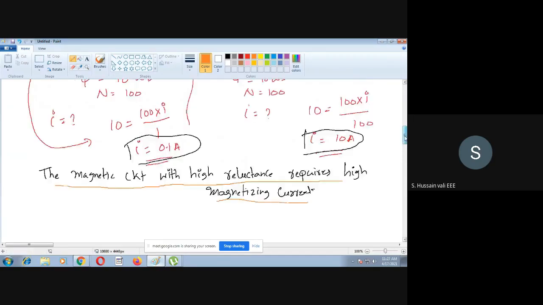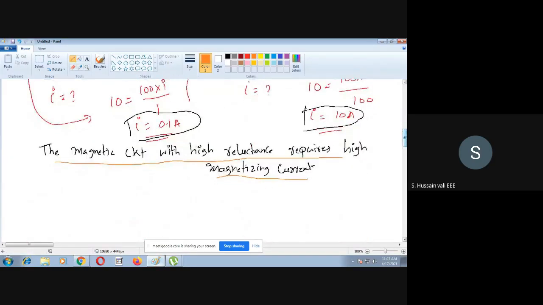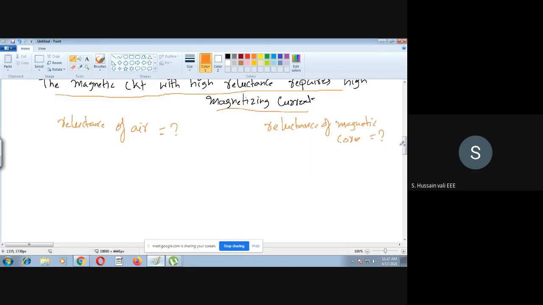Okay, now we will check what is the reluctance of air, and what is the reluctance of the magnetic core. We will compare the reluctance of the magnetic core with the reluctance of the air. We will see in which case reluctance is more, because we know very well that in that case you require more magnetizing current. This is the first point I said. Okay, so we will check this.